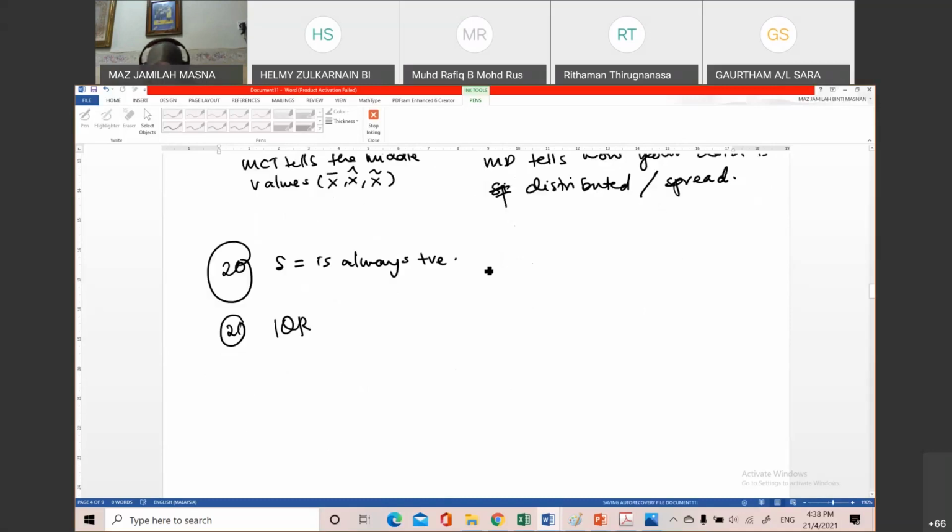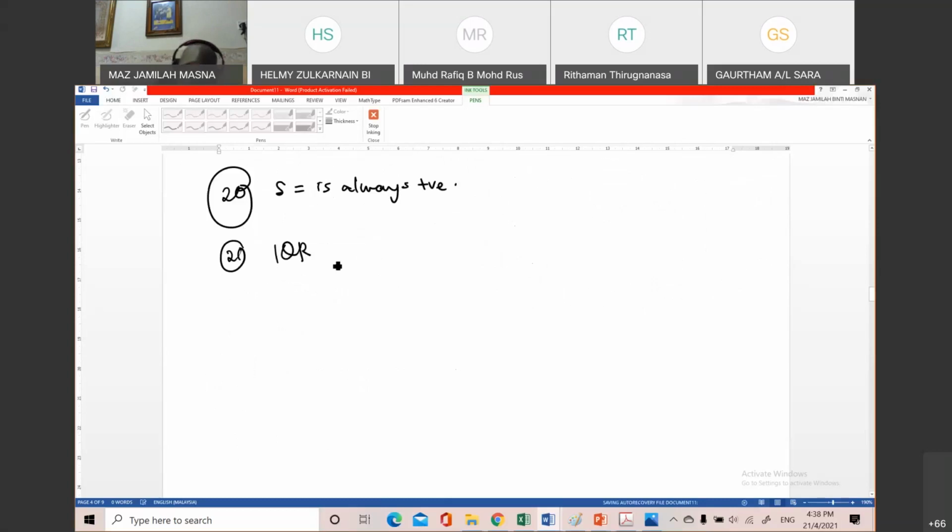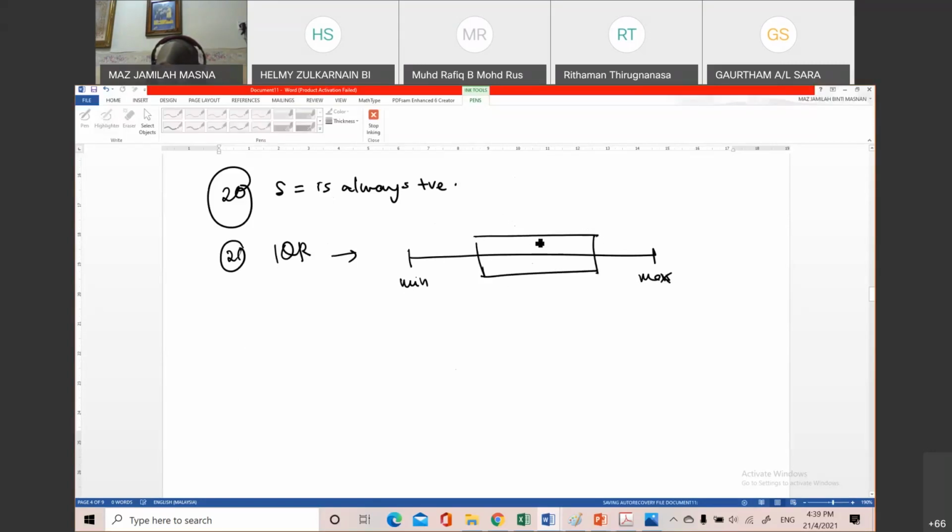When we talk about IQR, remember the 5-number summary and the box plot. You have the min, max, and then your middle 50%. Let's say this is your Q2, Q1, Q3. What is your IQR? Simply, IQR is equal to Q3 minus Q1.